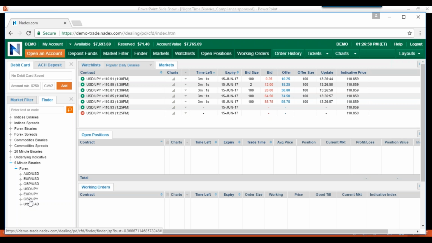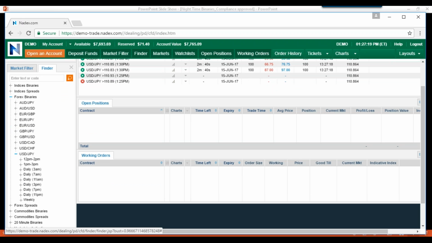So you've got 11 an hour times 4. You've got 44 expirations an hour just on 5-minute binaries, much less the hourlies and the 2 hours and the dailies. You've got a ton of opportunities there with the Forex market with Nadex at night.